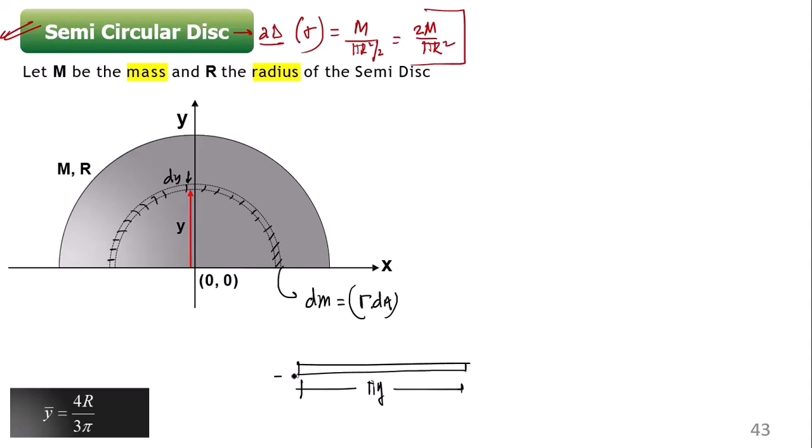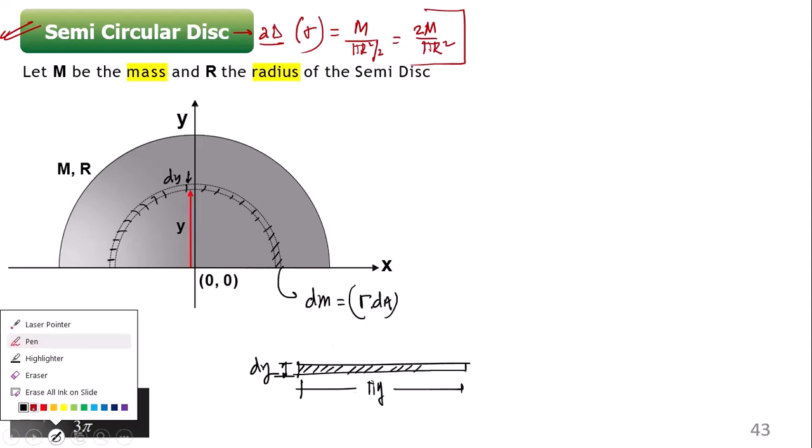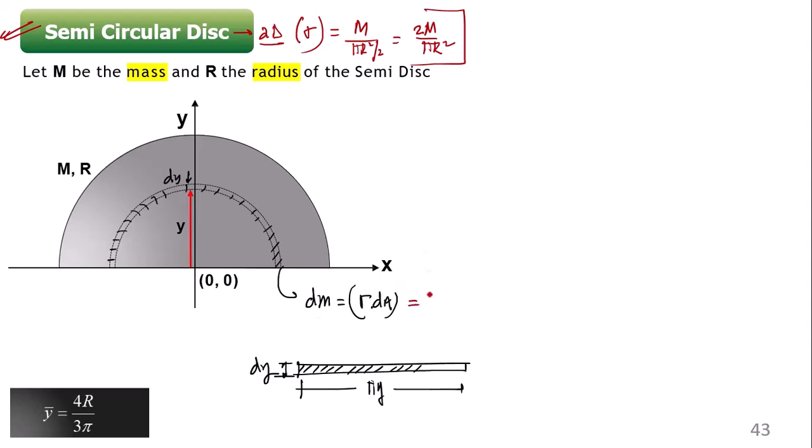So pi y, and the thickness is dy. That is the area I am talking about, that is nothing but dA. So sigma into dA gives the dm. Ultimately I can write sigma, that is 2m divided by pi r square, multiplied by dA, and dA is pi y into dy. That is our dm.